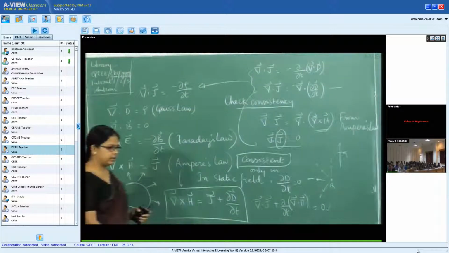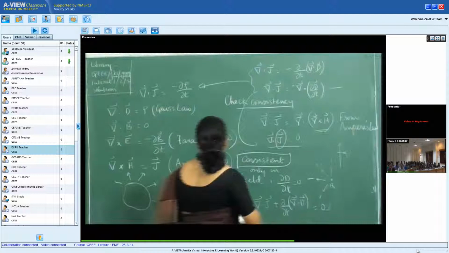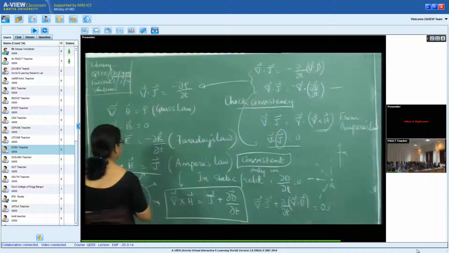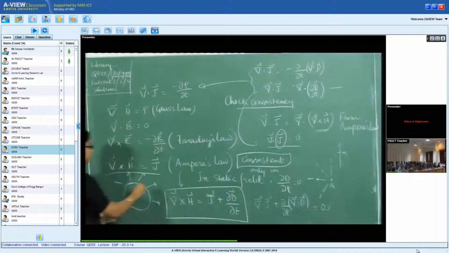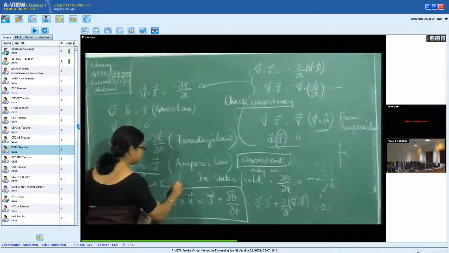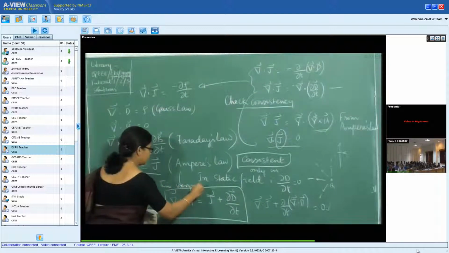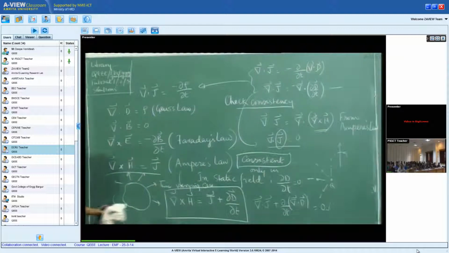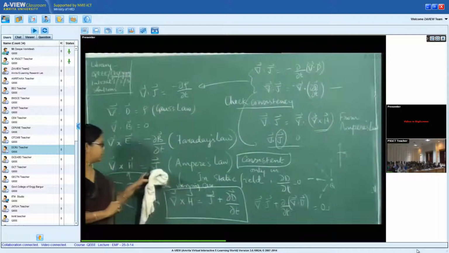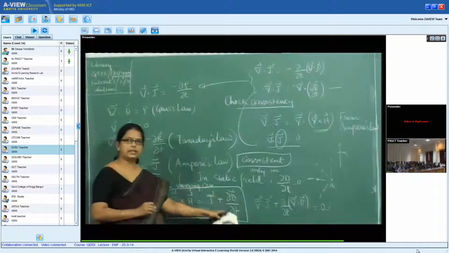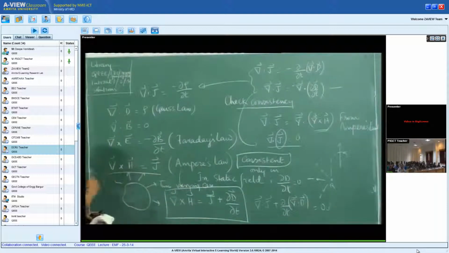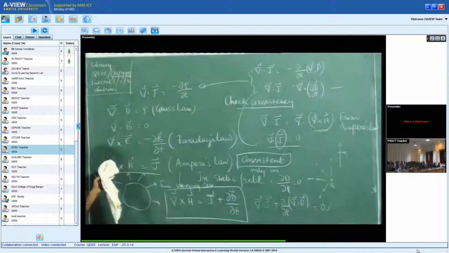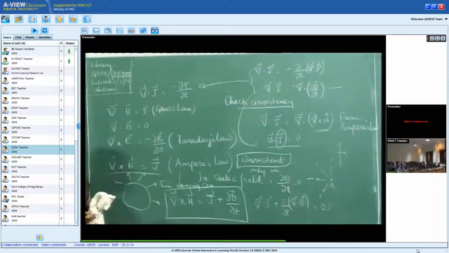So in the electrostatic case, whatever we wrote down was correct, but in the time varying case, you have curl of H is not just J, that additional term del D by del t is required to make this consistent. So that completes the derivation of all the four Maxwell's equations.